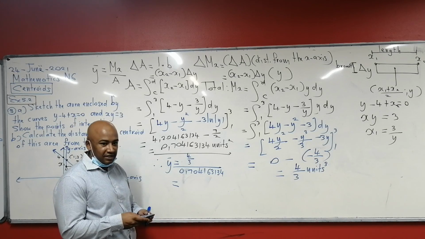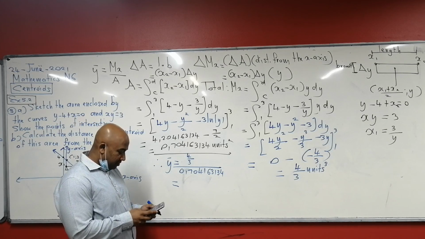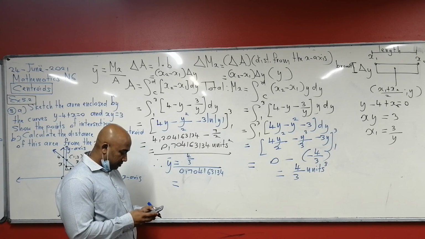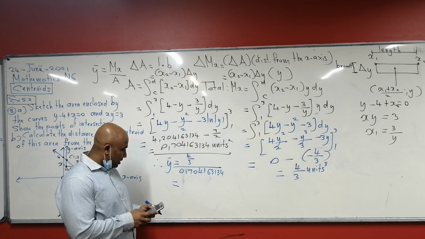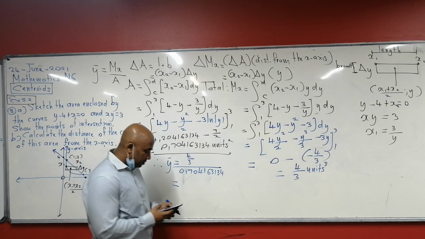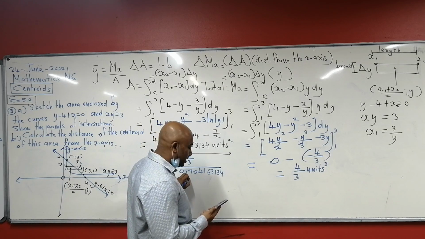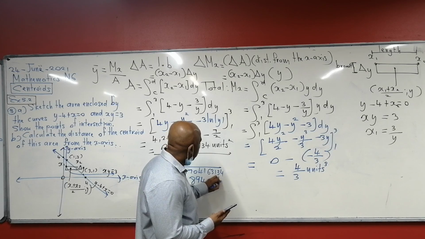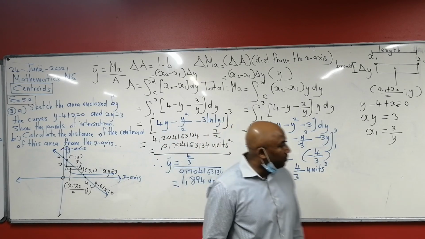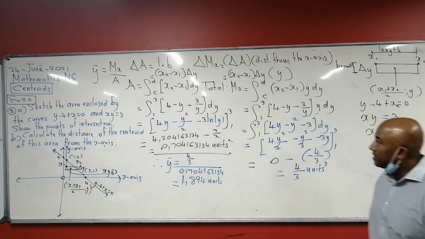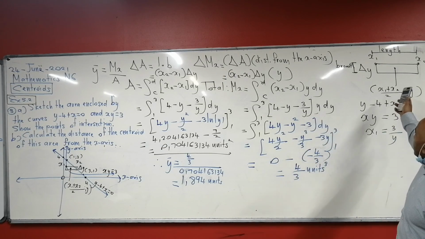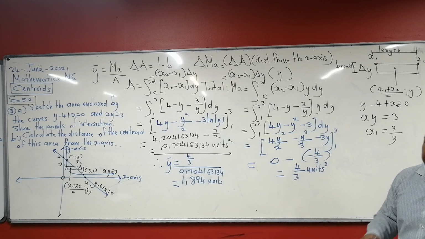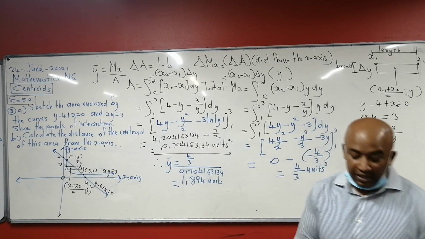Let's come to the same answer. 4 over 3 divided by 0.7041633134, and then we get our 1.894 units. Right, so that was dealing with it both ways, using delta y, using delta x. You should be able to apply it to the other examples.